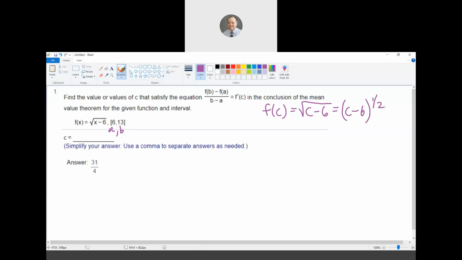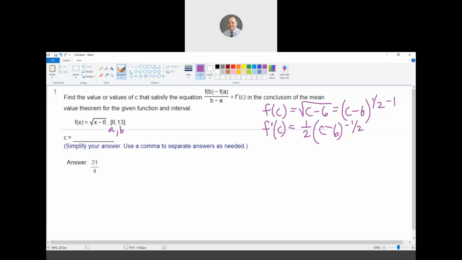That way it's easier to take the derivative. So when we take the first derivative, we have 1/2 times c minus 6, and we have to subtract 1 from 1/2.